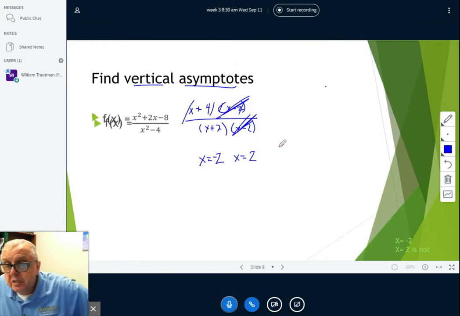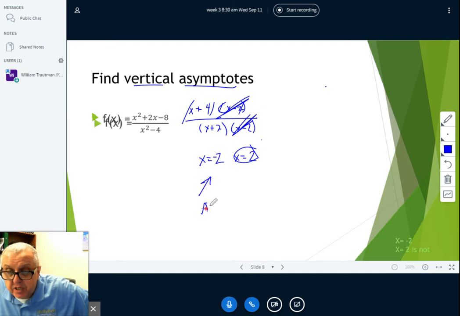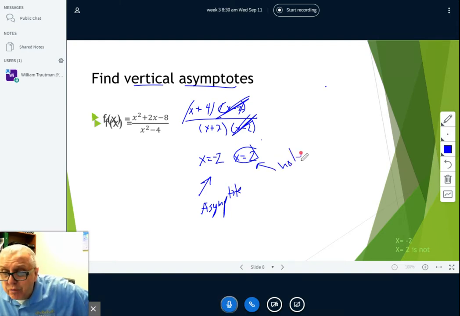So 2 is still undefined, but it's not an asymptote. -2 is an asymptote because it doesn't cancel out with anything above. 2 is not an asymptote. It's a hole in our graph. And holes we call removable. It's a removable discontinuity.